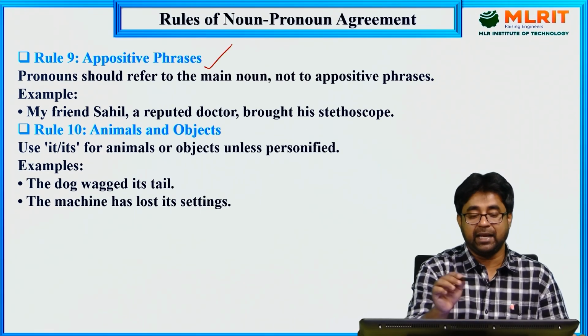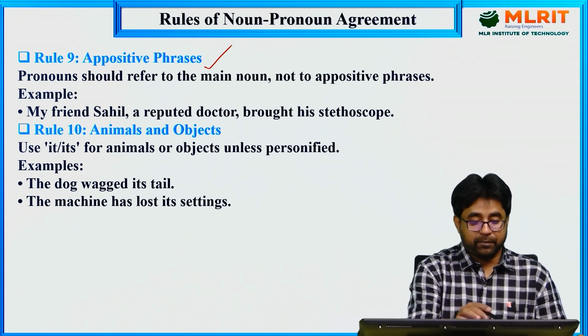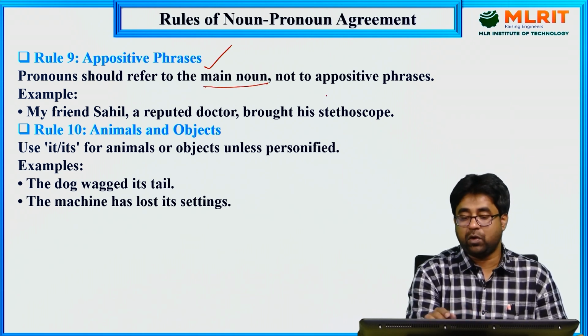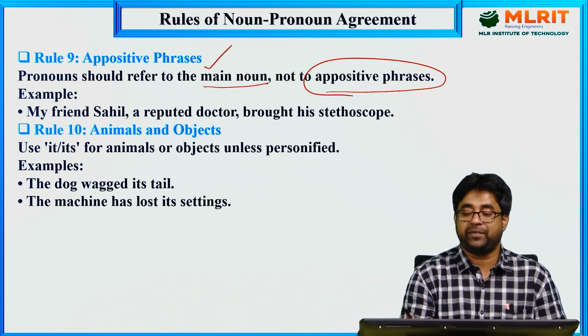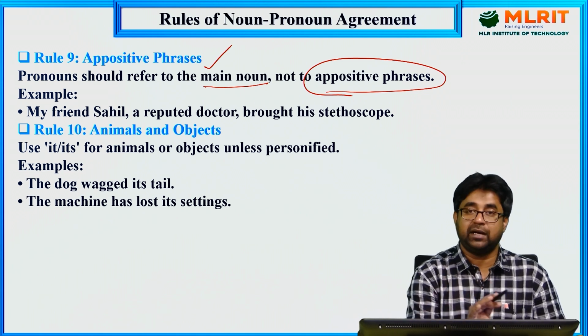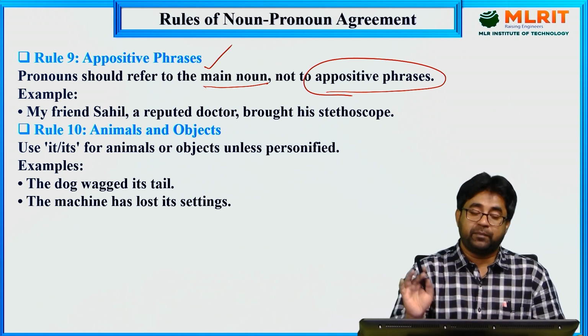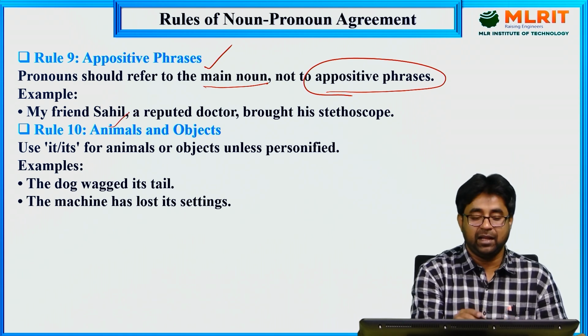Rule number 9, appositive phrase. Sometimes a pronoun should refer to the main noun, not to the appositive phrases. Sometimes in a sentence there can be appositive phrases. In those cases, we have to identify the noun clearly and the pronoun should refer to that noun only. You can see, my friend Sahil, a reputed doctor.